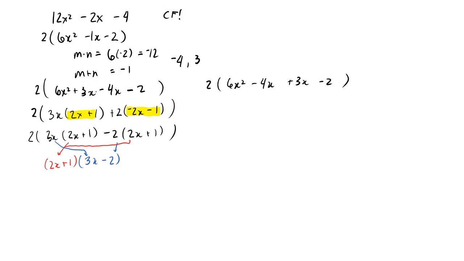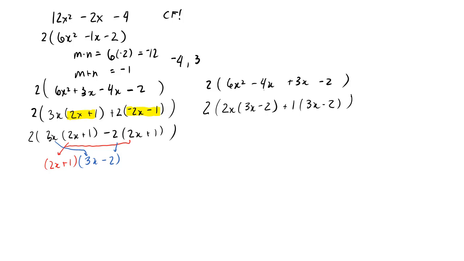It's fine. It's okay. But if we put the negative one first, we kind of avoid a little bit of that. So I'm going to do this one. So 2, its common factor with 6x squared and 4x is 2x. So that leaves me with a 3x minus 2. And then the common factor with 3x minus 2 is 1. So it's 3x minus 2.